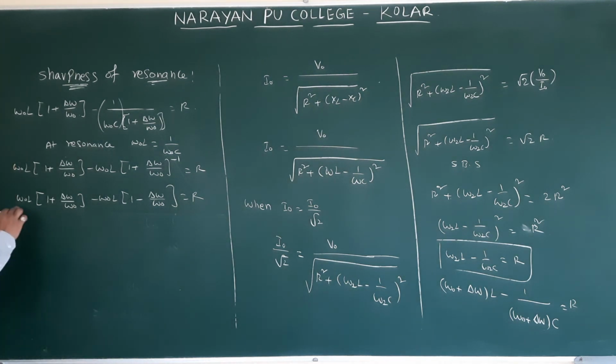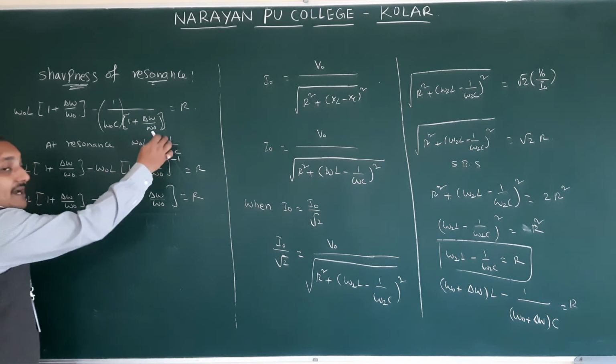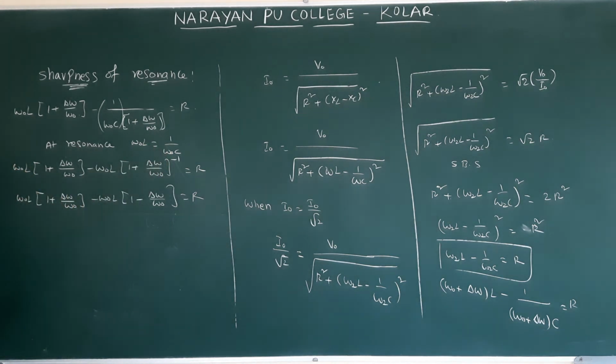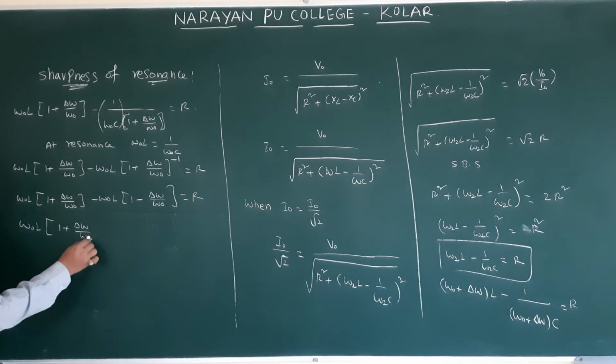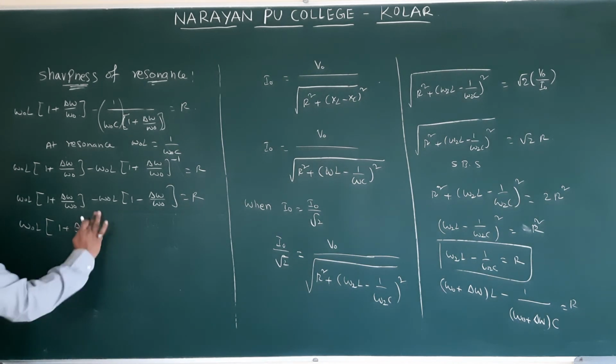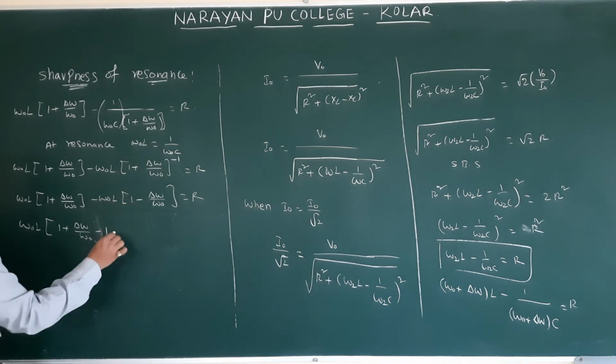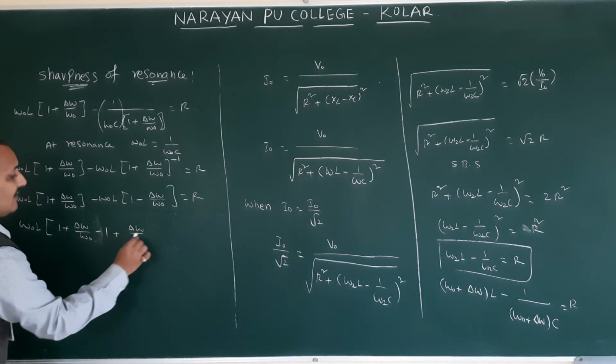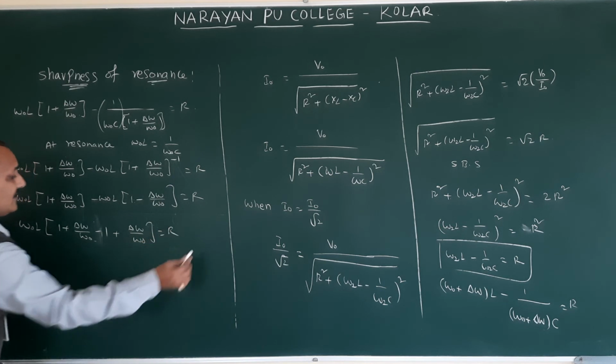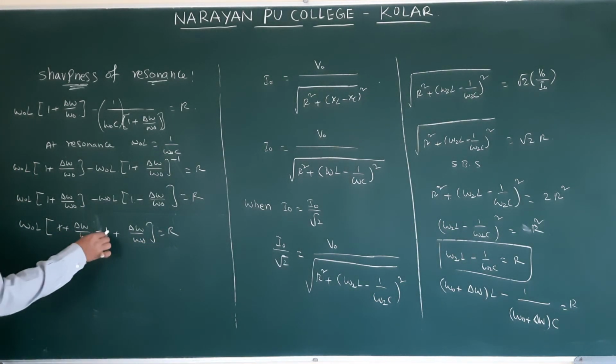Now see, what is common in this? If you substitute omega naught, common is omega naught. If you substitute 1 by omega naught C, then 1 by omega naught C is common. Both we will write; first we will see omega naught. Omega naught is common. What is remaining here? 1 plus delta omega by omega naught minus 1, minus into minus, plus delta omega by omega naught is equal to R. So these two will be cancelled.